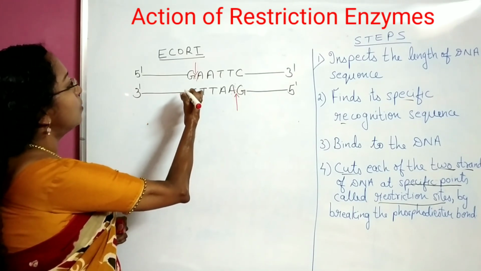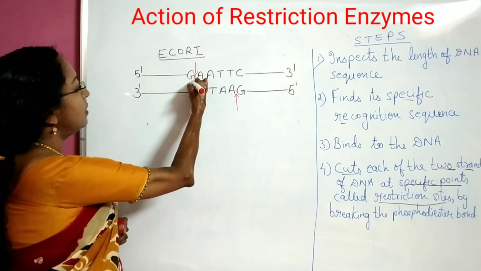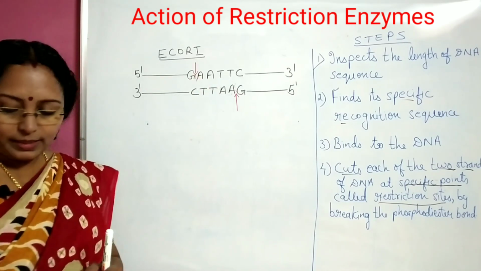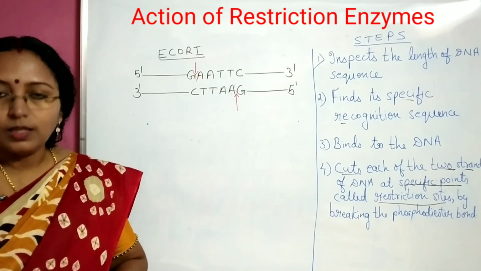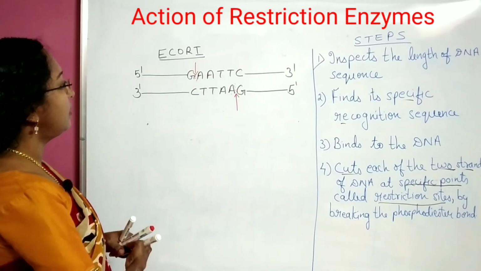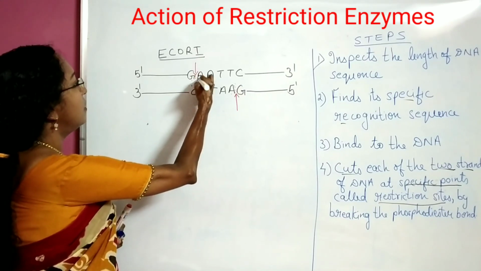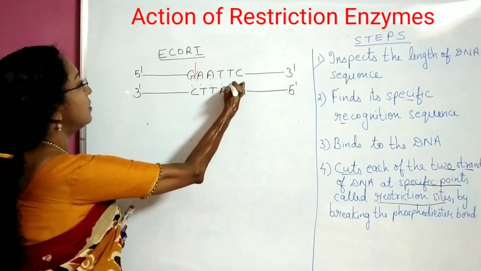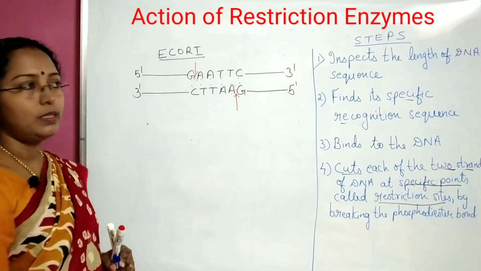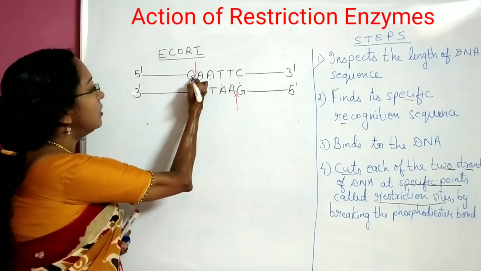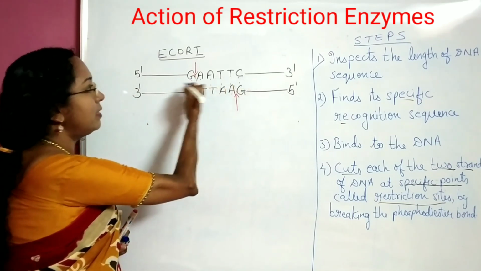So we all know the bond which is actually binding the two strands of DNA, the bond between the bases, is the hydrogen bond. But here which bond is cut? The bond within the strand is cut.